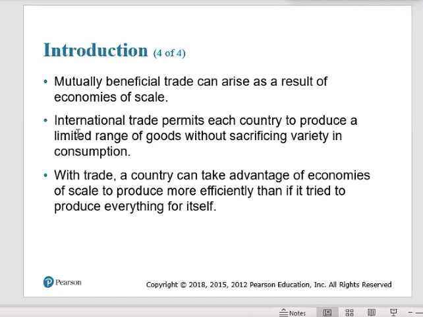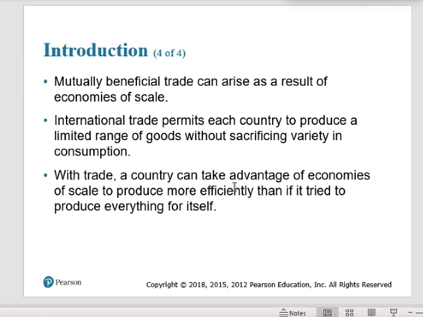All right, so international trade allows each country to produce a limited range of goods, which means specialization, without sacrificing variety in consumption because they start trading. And with trade, a country can take advantage of economies of scale. Once you specialize, you're going to produce certain things, and you will become better and better at producing that thing.